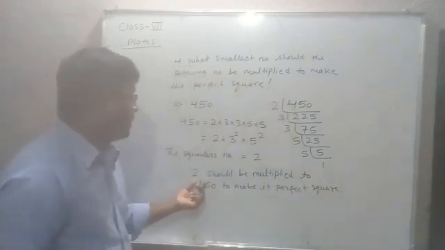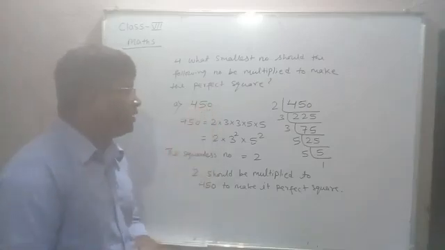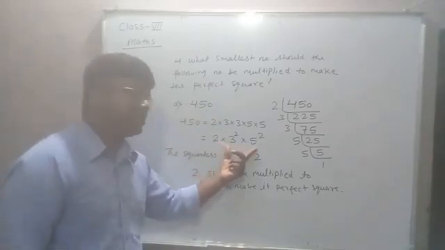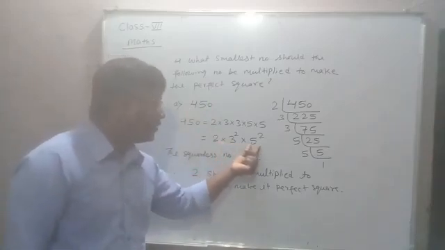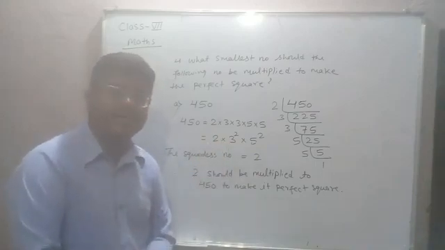That 2 is the smallest number we multiply to 450 to make it a perfect square. We just need to see how many are in perfect squares and which one is squareless. That number we have to multiply.